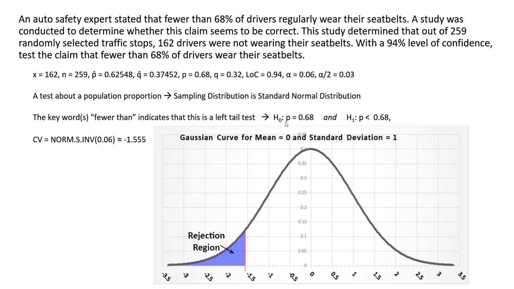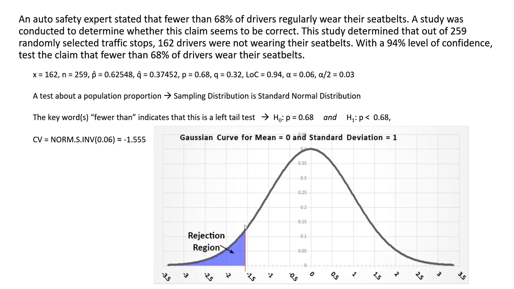My null hypothesis is P equals 0.68. My alternate hypothesis, because it's a left tail test, is P is less than 0.68. We got our critical value of negative 1.555.